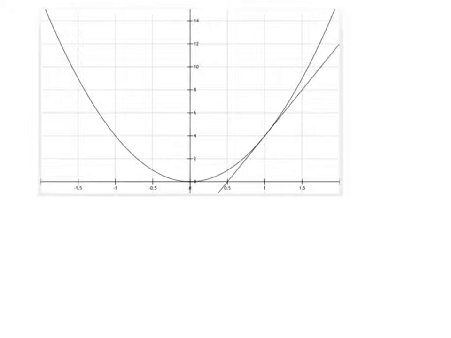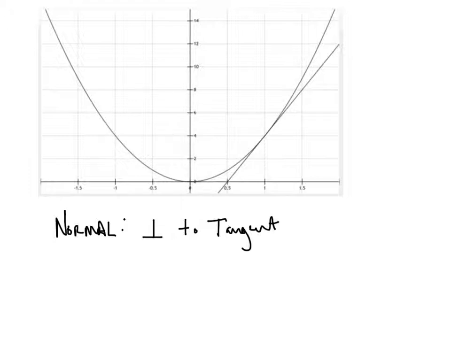Now the other thing you could be asked about is a normal line, and a normal line is just perpendicular to the tangent. So in our case, our tangent line was 8 times x minus 1 plus 4.